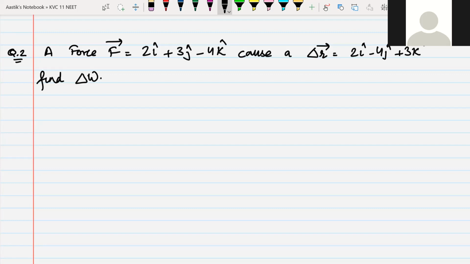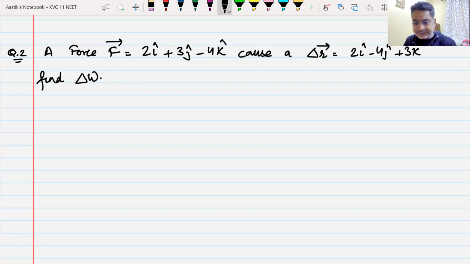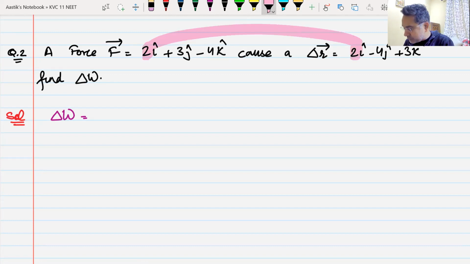Do we have an answer to this one? Anyone? 4, sir. Oops, what am I writing? Minus 20 joules. How do I get the work done from here? It's very simple. You have to multiply this with this. 2 into 2, 4.